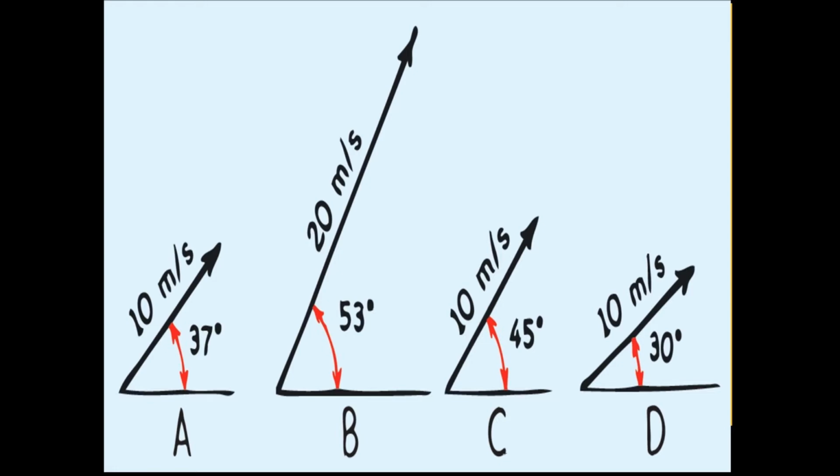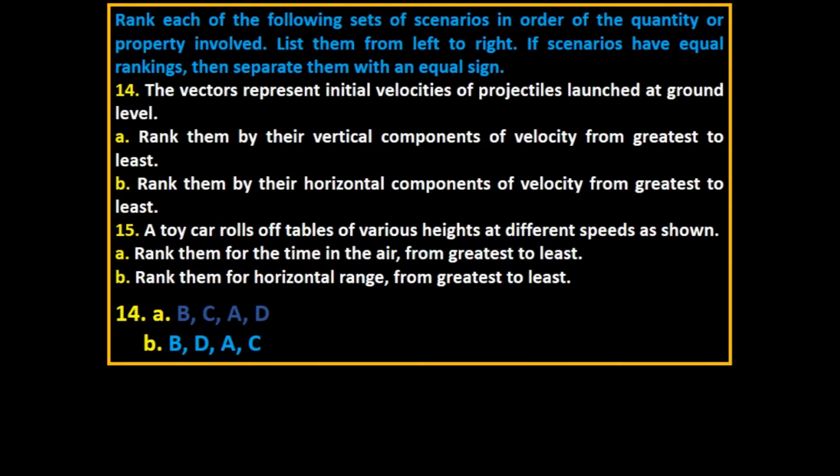Now remember that the vertical and horizontal component for C will be the same for both. And here we have BDAC. Now, if you reverse C and look at it, B is first in both and A is third in both, you might want to look at this differently relative to looking at them qualitatively.